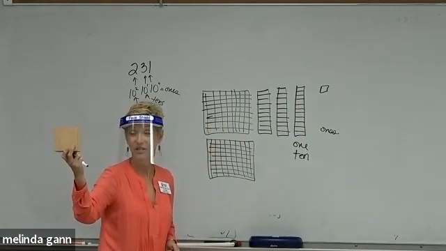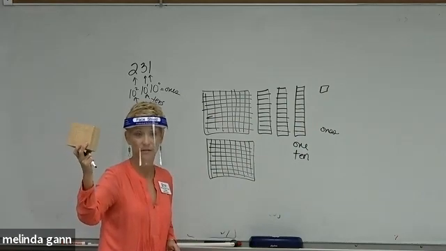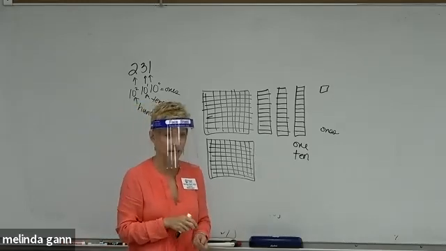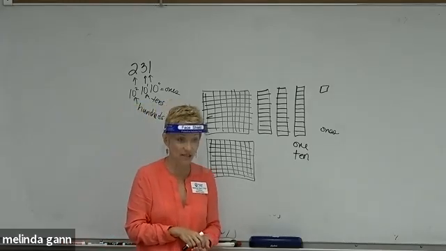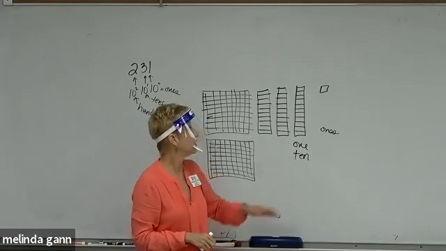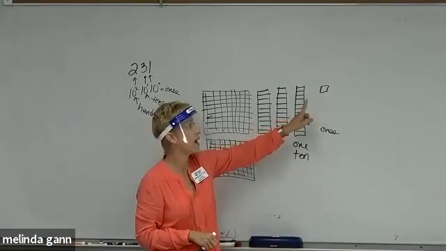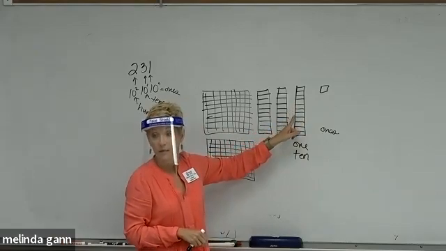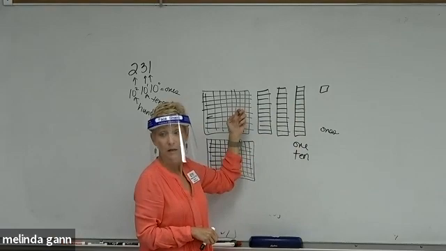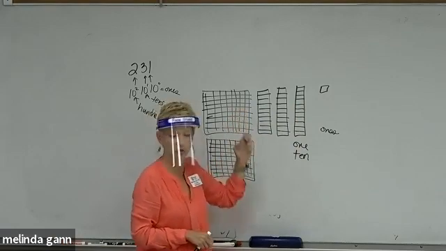How many flats do you stack up to make this? 10. So do you understand that when you're in base 10, the trade is always 10 of something for 1 of something? When you get 10 ones, you trade it for 1 10. When you get 10 tens, you trade it for what? 100. When you get 10 hundreds, you're going to trade it for what?